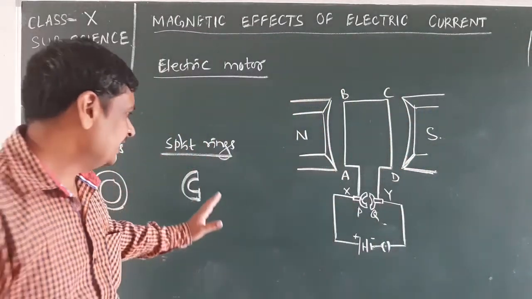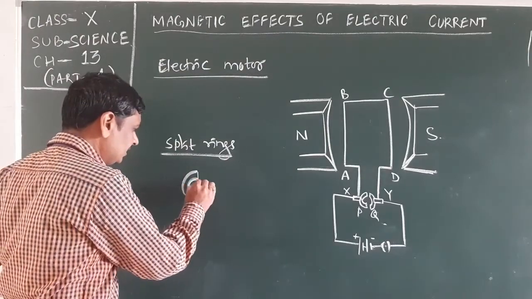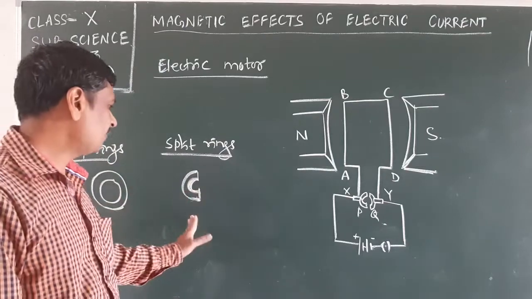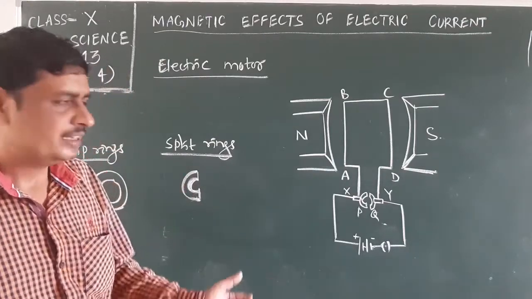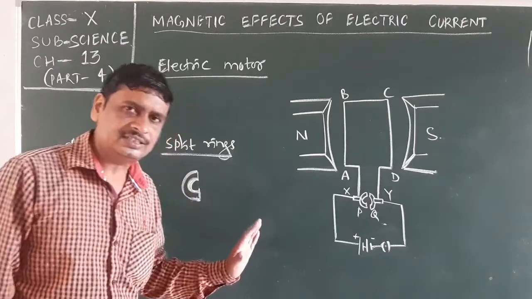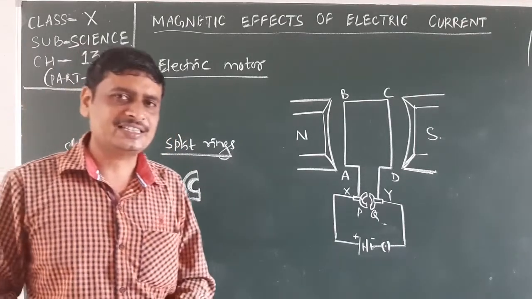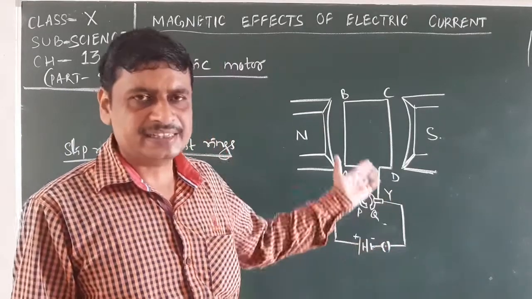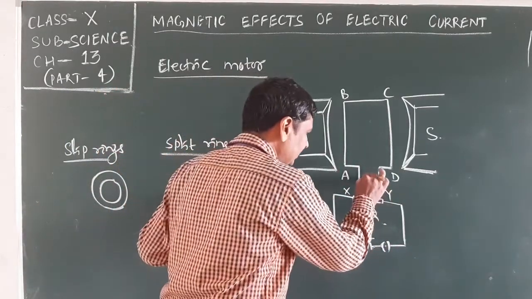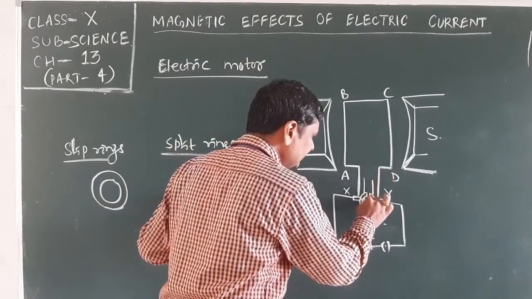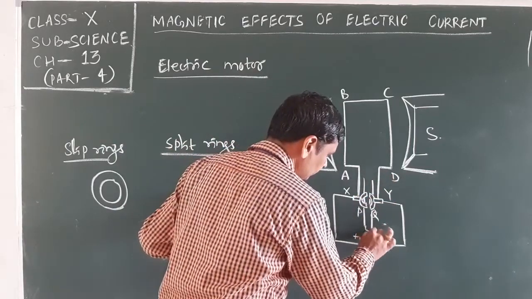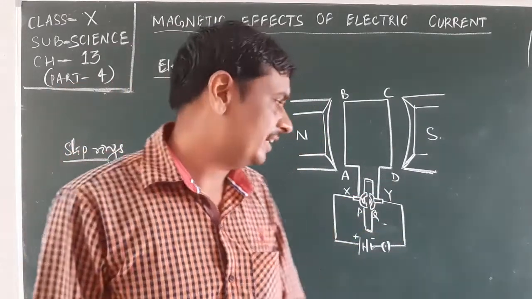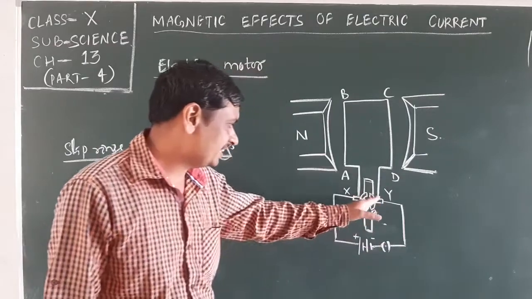Here, the inner part of the split rings is insulated by insulating material, but the outer part is conducting. The outer part can conduct electricity, but the inner part is insulated, since this inner part of the split rings is attached to an axle that is also called the shaft.